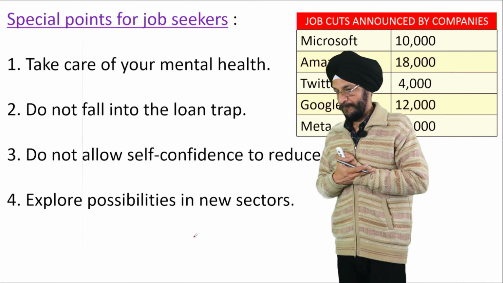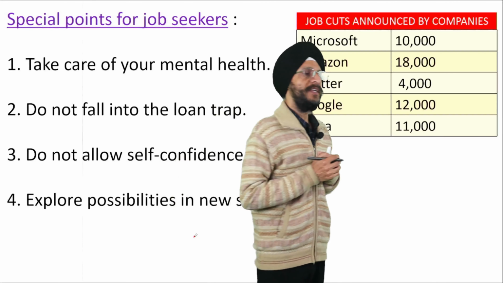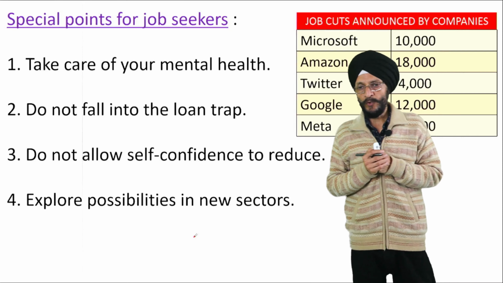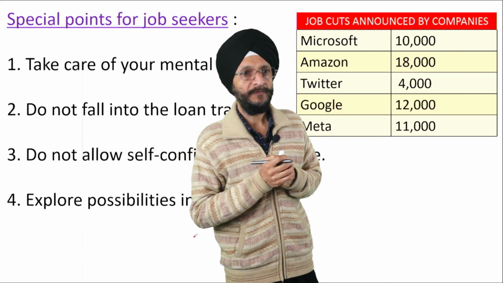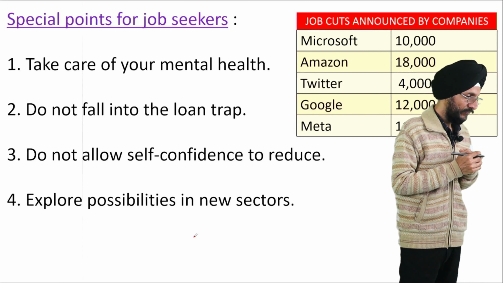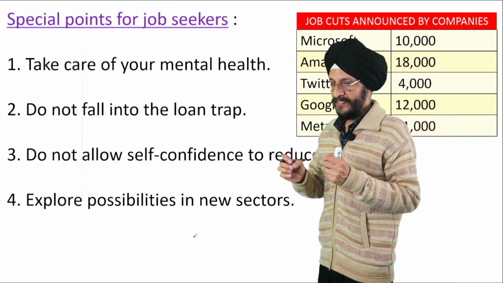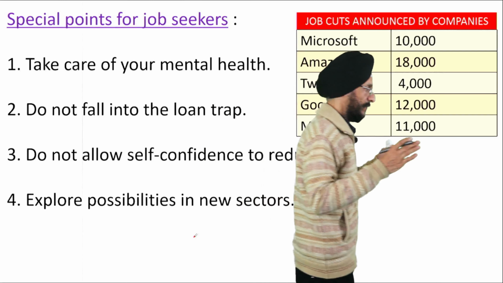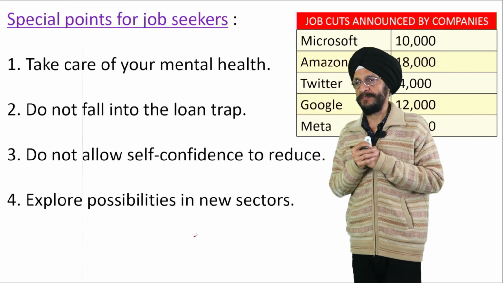In today's world, there is a lot of competition in each and every field. As already told, whenever there is a single post, thousands of people apply for the job. In the start of 2023, many big companies have announced job cuts.